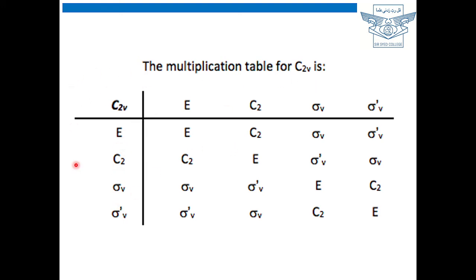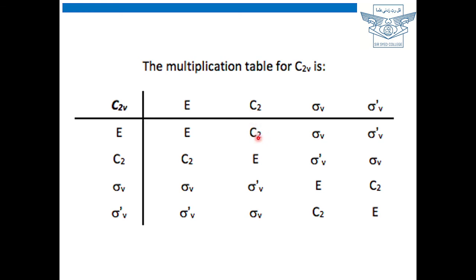Write it in the form of a checkerboard. Now, identity is a do-nothing operation, right? So if you multiply identity with identity, you will end up in identity only. If you do the identity operation followed by a C2 rotation, identity means doing nothing, so obviously C2 will stay as such.